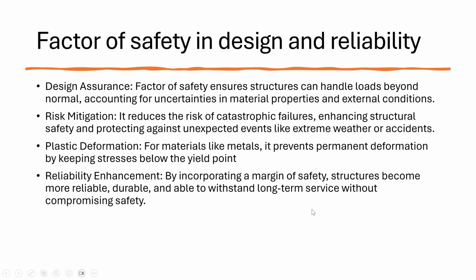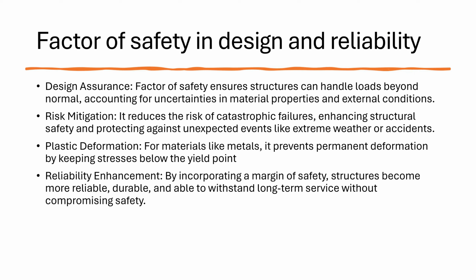What is the role of factor of safety in design and reliability? Design assurance. Factor of safety ensures structures can handle loads beyond normal, accounting for uncertainties in material properties and external conditions. Risk mitigation. It reduces the risk of catastrophic failures, enhancing structural safety and protecting against unexpected events like weather or accidents.